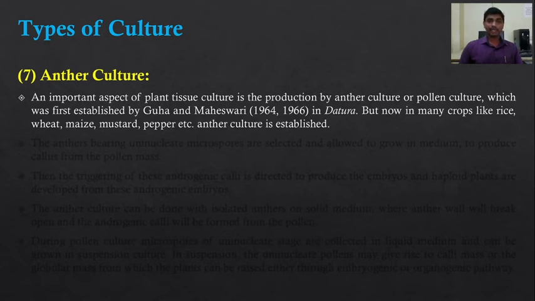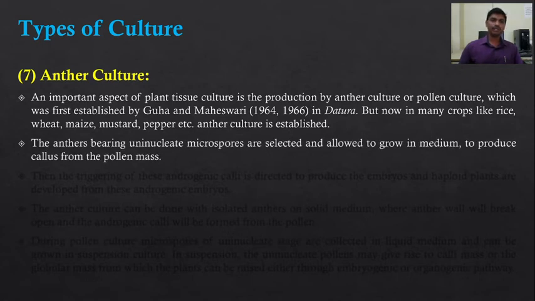An important aspect of plant tissue culture is the production of the plant by anther culture or pollen culture. The anthers bearing uninucleate microspores are selected and allowed to grow in medium to produce callus from the pollen mass.